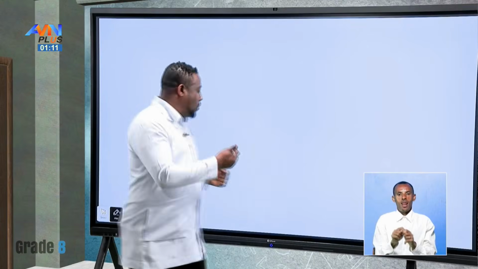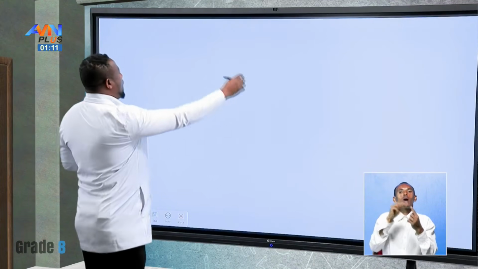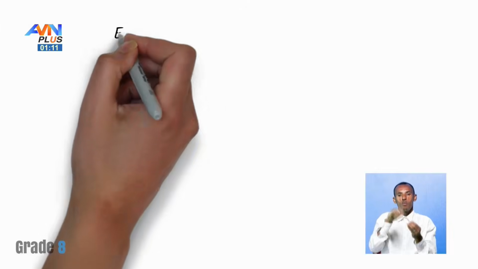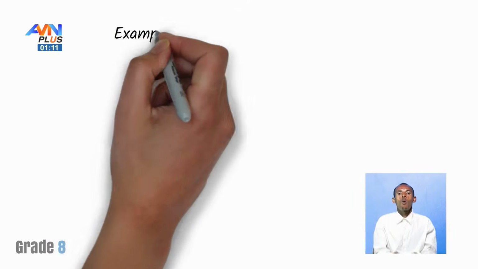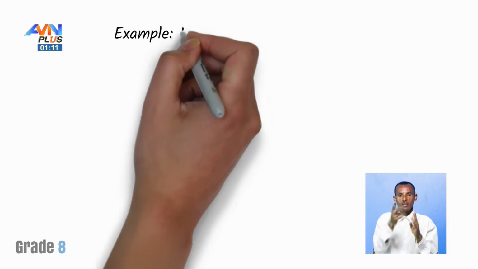Okay, so to add one more example regarding similar polygons, let's see this example.